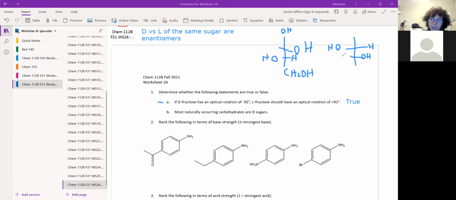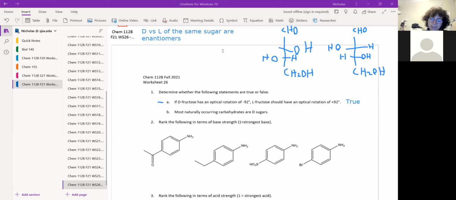At every chiral center, it's the opposite configuration. It doesn't matter how many there are. It's just the reverse at all of them. So then these are enantiomers.